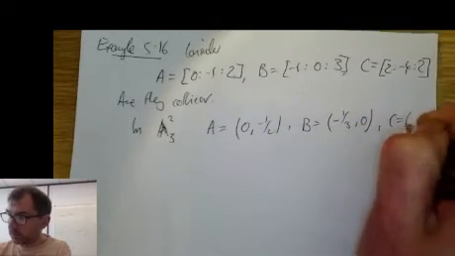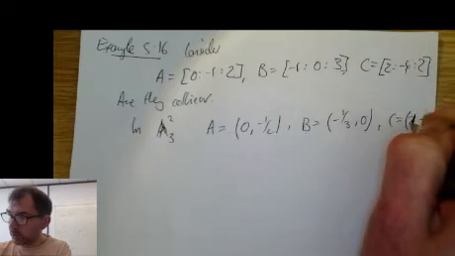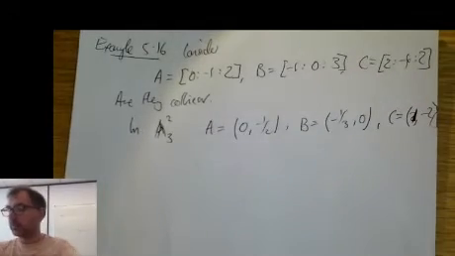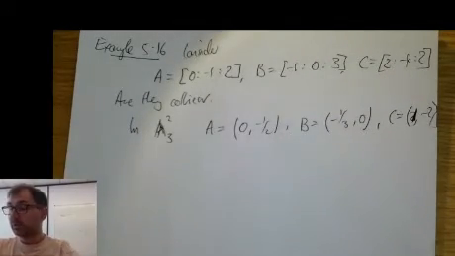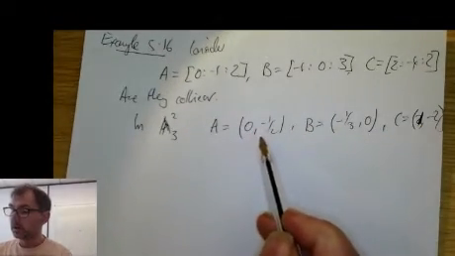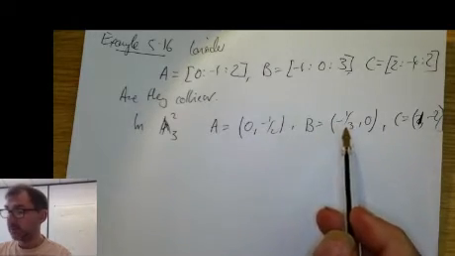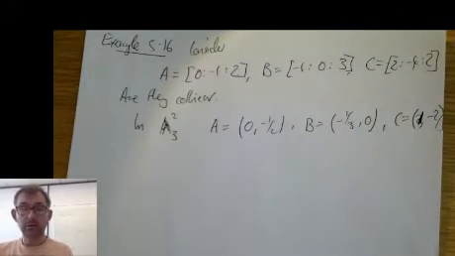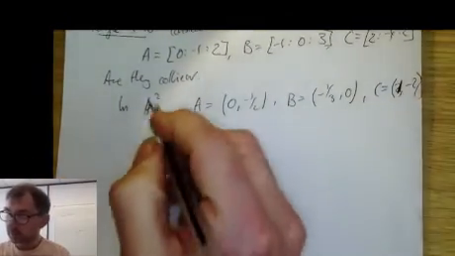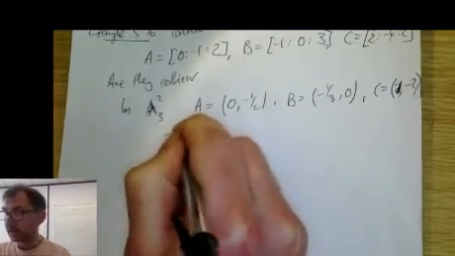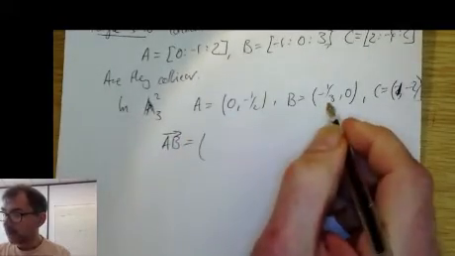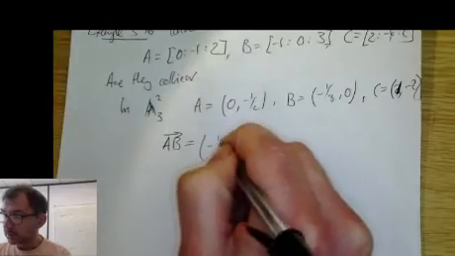C is equal to (1, -2). Then I have to decide whether these are all on the same line. Well, they will be if the differences between the points, between A and B and A and C, are vectors which are multiples of each other. So AB would be the vector (-1/3, 1/2).